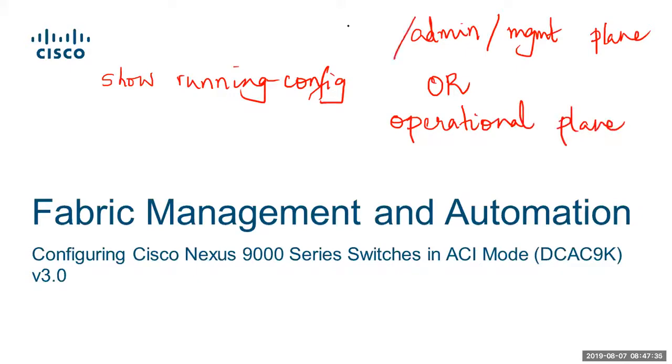Or I'm even going to write show running config. Which of these would you classify it under? If I were to give you these two choices and say, pick this command, you need to put it in one of these planes. Where would you assign it?